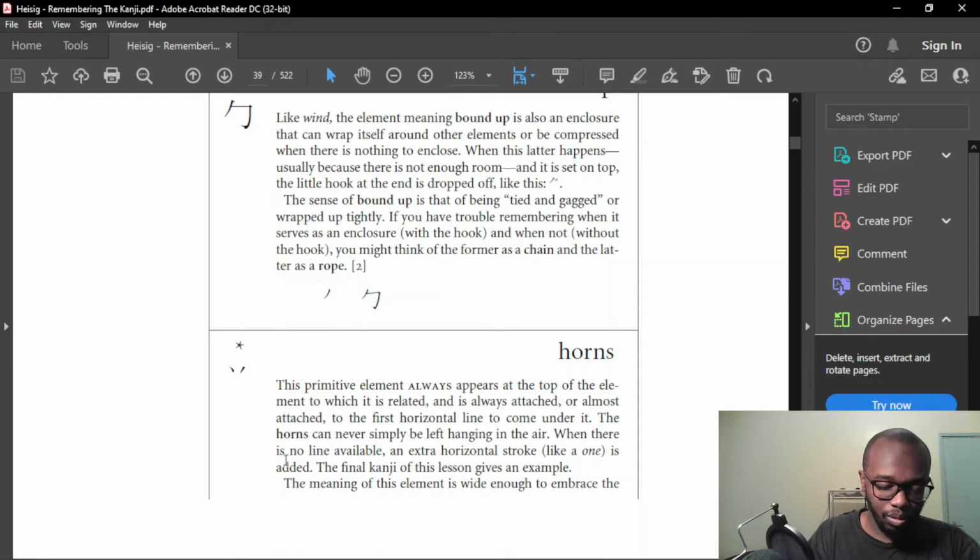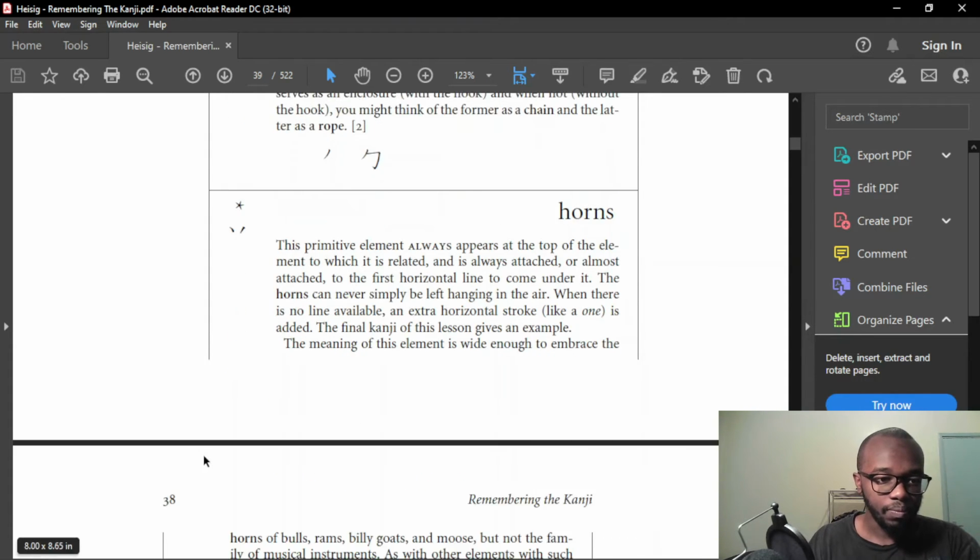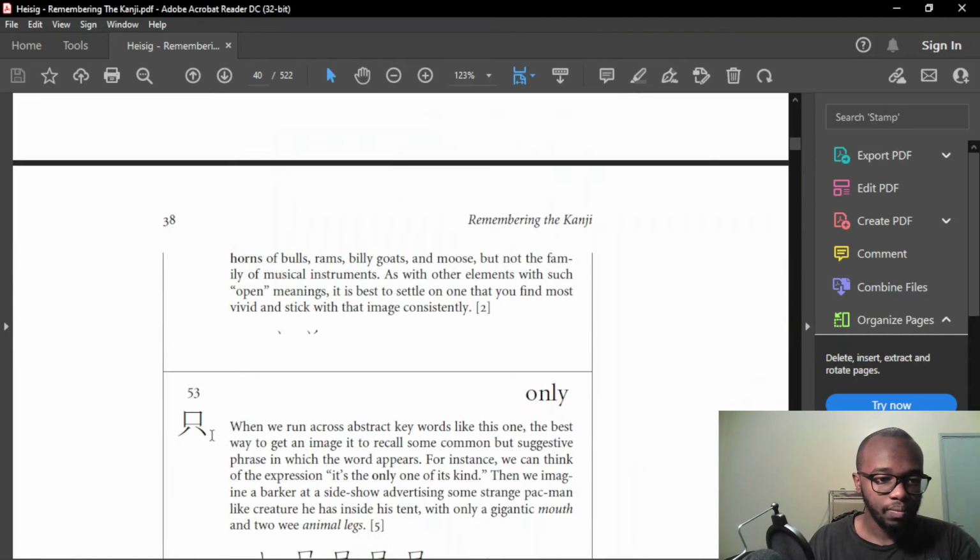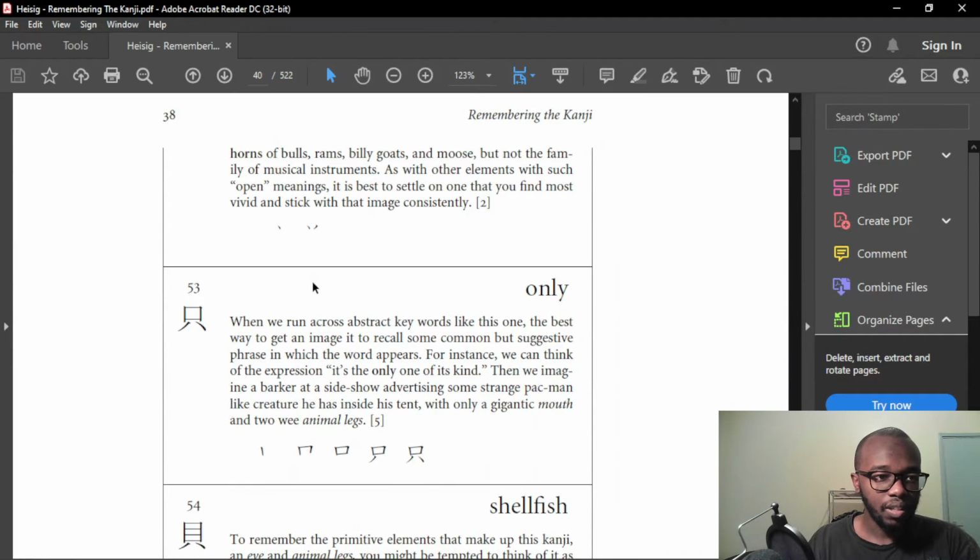So horns. Let's click horns. Watch. Okay, now that's done with the primitives.